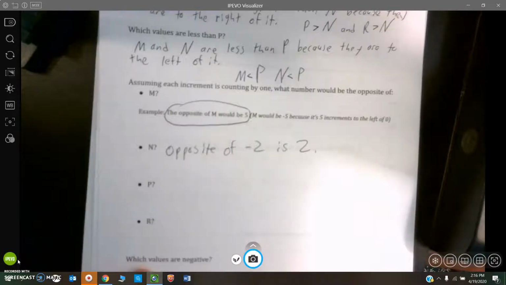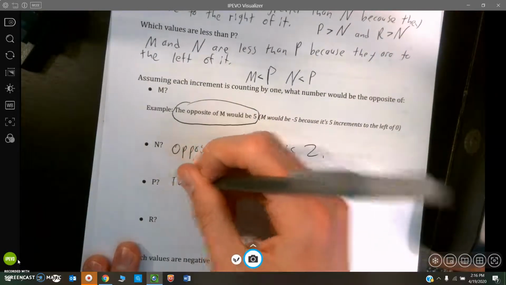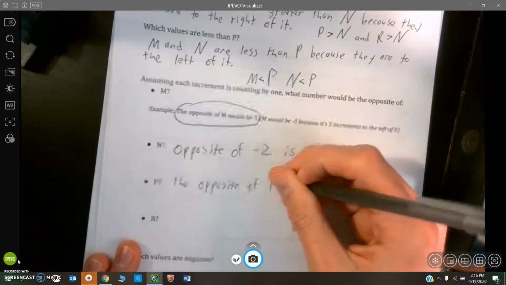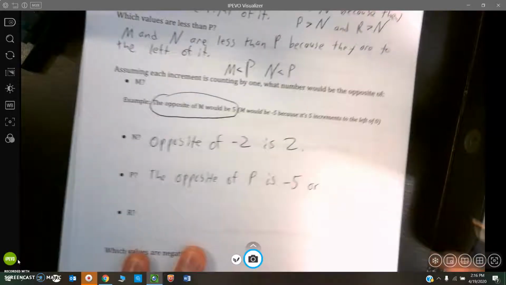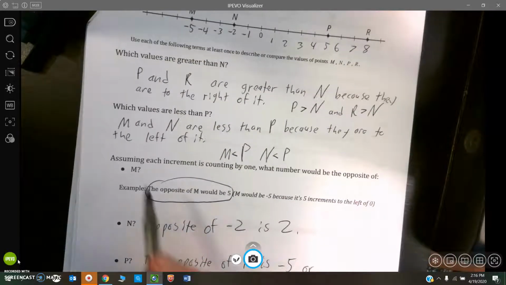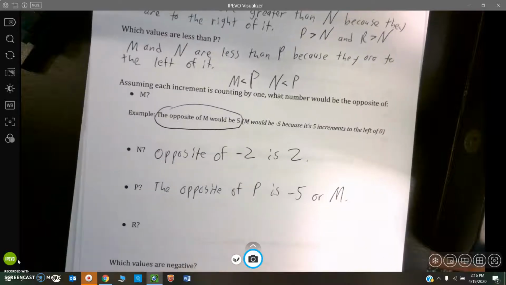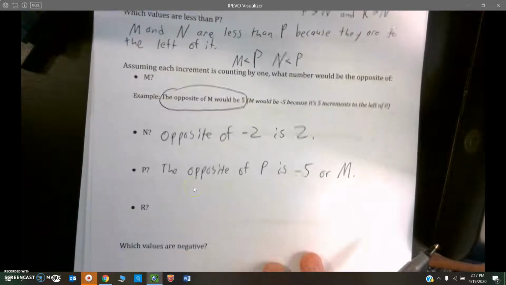So if P is 5, the opposite is -5, or, as we actually figured out before, M is -5. So N is the opposite of P. And if we want to talk about what number it is, M is -5. So both of those would be fine answers here.